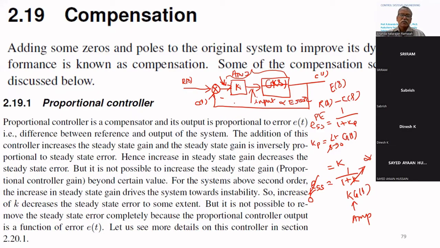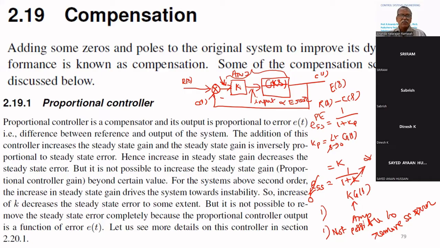Therefore, even with a proportional compensator, it is not possible to remove the steady state error, because it is not possible to make the gain infinity.